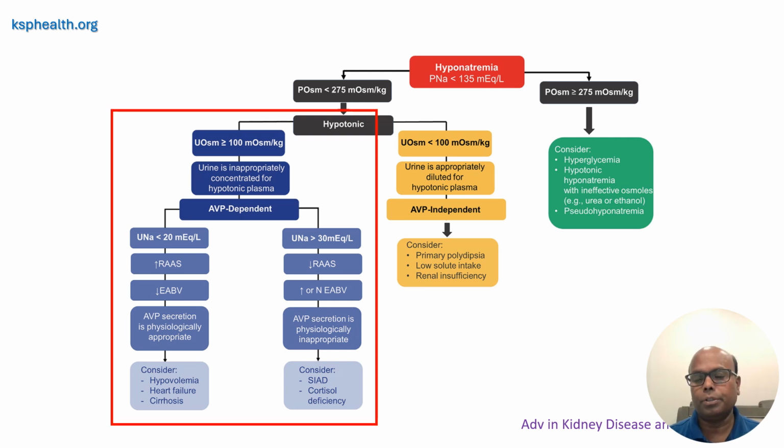Here we are going to focus on hypotonic hyponatremia. That's where the low serum sodium level dependent on vasopressin excess happens. As I explained before, most hospitalized patients have a reason for hyponatremia as a result of arginine vasopressin excess.